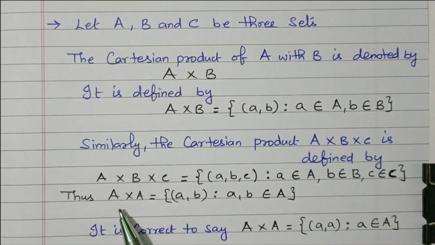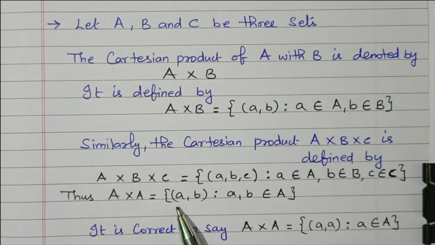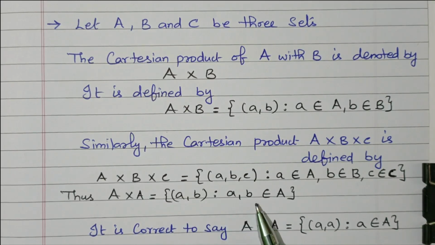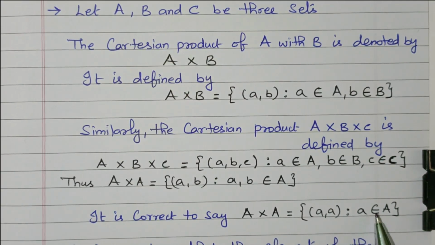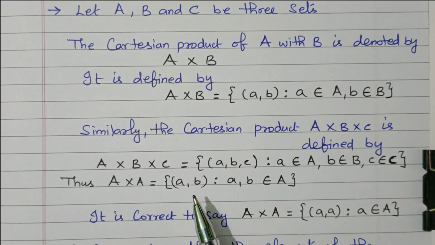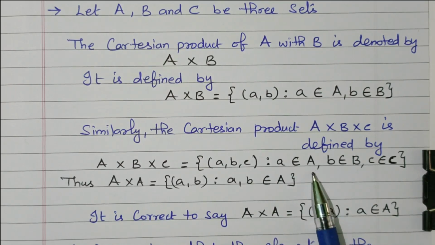So initially we have two sets, A cross B, then three sets, A cross B cross C. Small a refers to an element, capital A refers to the set.